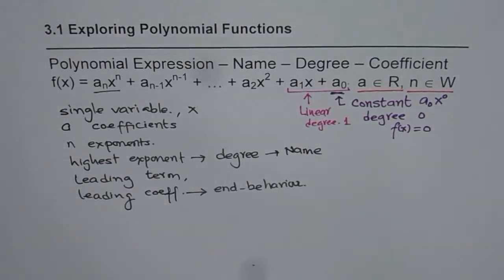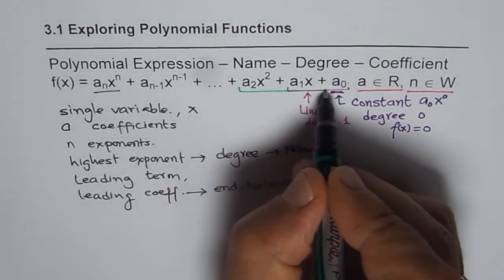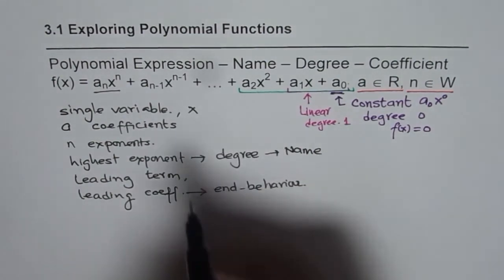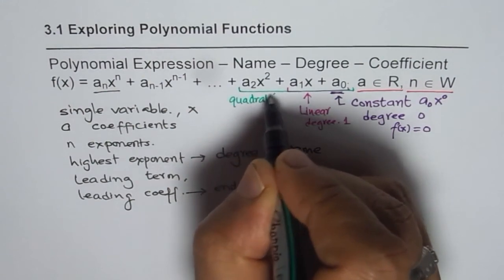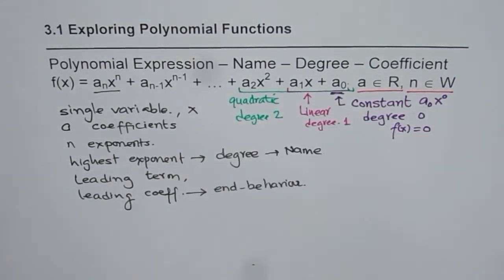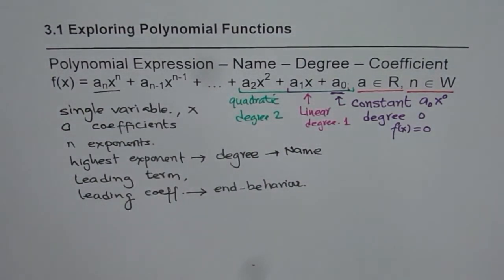If I have a polynomial which has these three terms, for example, then what will you call it? Degree is 2, quadratic, right? So this one is quadratic, and degree is 2. Likewise, if I have a cubic term, right? So if I have one more, for example, if I have a cube, let me write down here now.